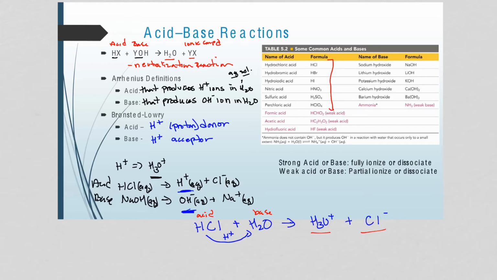So it's a strong electrolyte, complete formation of ions, whereas weak acid or weak base is a partial ionization. So only part of the acid molecules go on to form ions. And so there are lots of examples of weak acids. You might have heard of acetic acid in vinegar, hydrofluoric acid, right? These are a couple of examples of weak acids.